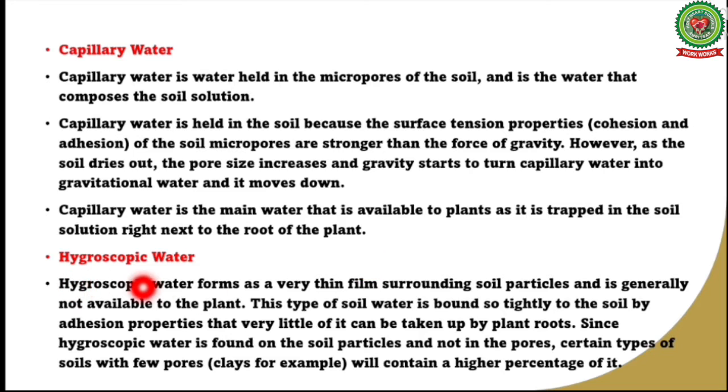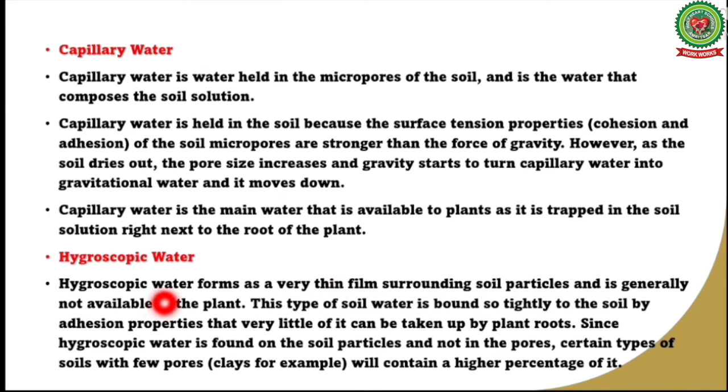Next is hygroscopic water. Hygroscopic water forms a very thin film surrounding soil particles and is generally not available to the plants. This type of soil water is bound so tightly to the soil by adhesion properties that very little of it can be taken up by plant roots.